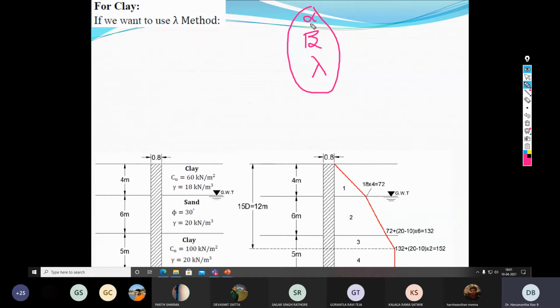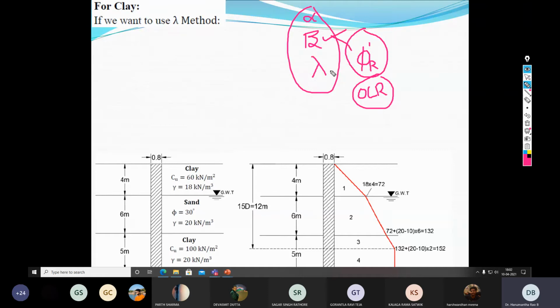You can use any of these three methods for calculation of skin friction in clay soils, that is cohesive soils. But to use the beta method, we need the residual friction angle phi dash r, if you remember, but this is not given. We also need the value of OCR if it is an over consolidated soil. Nothing has been given, so we may not be able to use the beta method.